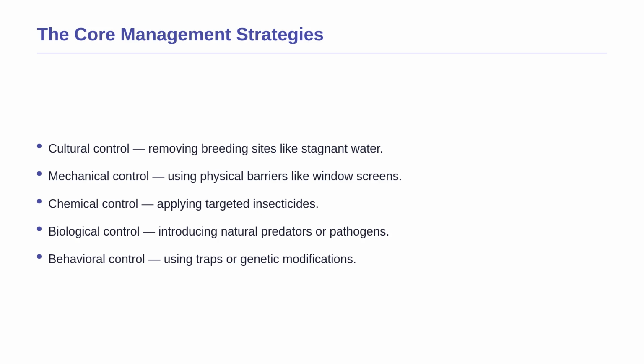Biological control is fascinating. It involves introducing natural predators or pathogens that specifically target the insect. Finally, behavioral control manipulates the insect's habits using traps or even genetic modifications. Using these together is what makes our defense so incredibly strong.